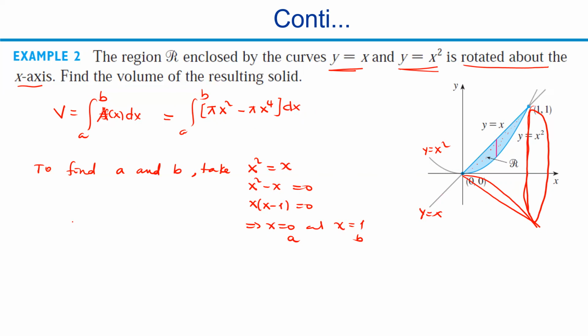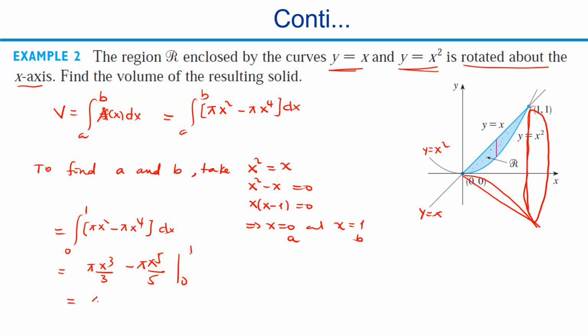Now our integration will be the integral from 0 to 1 of pi x squared minus pi x to the power of 4 dx. The integral of the first is pi x cubed over 3, and the second is pi x to the power of 5 over 5, from 0 up to 1.